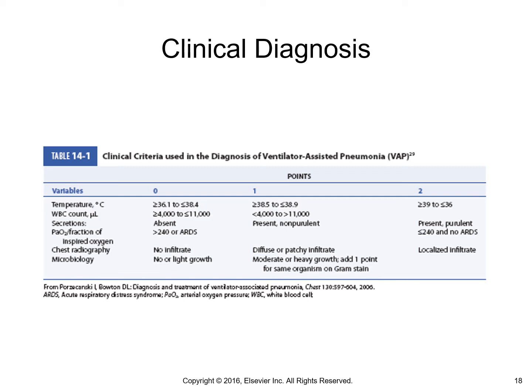In this one, they're taking into consideration the patient's temperature, the white count, whether or not they have secretions, what their PF ratio is, a chest X-ray, and what type of growth they might be having from sputum. And this is actually from the journal Chest.